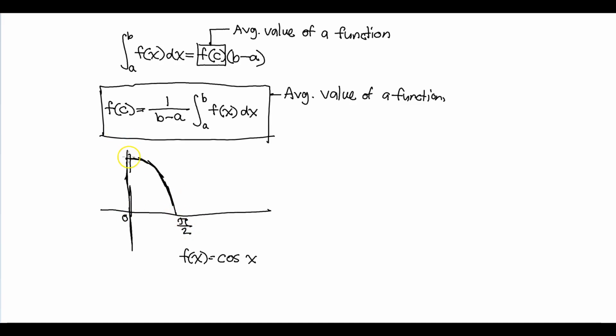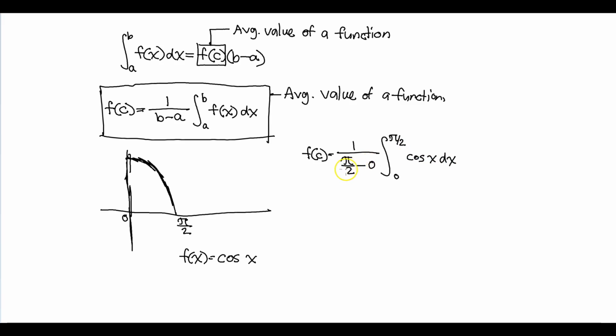So you would just simply plug it into this formula. Average value equals 1 over pi over 2 minus 0 times the integral from 0 to pi over 2 of cosine of x dx.